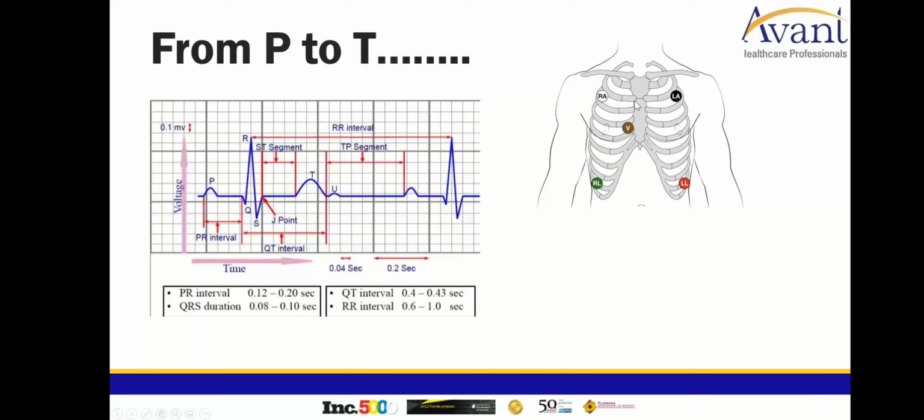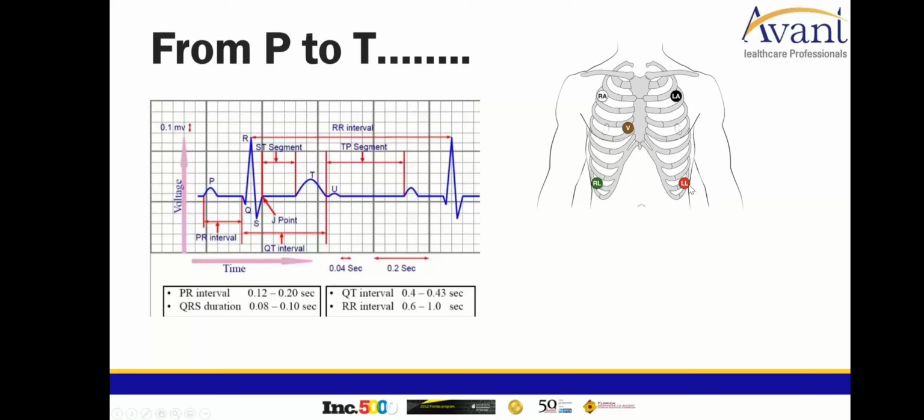Your telemetry lead placement is important because of the way they're looking at the heart. The standard lead to view is basically saying this is where the camera is. If I had a camera and I'm taking a picture of you and I would look at you from the front, then that's what I would be looking at, the front of the heart based on the lead 2 position.